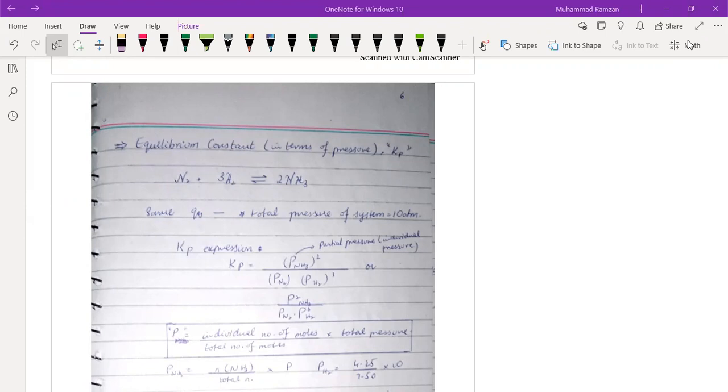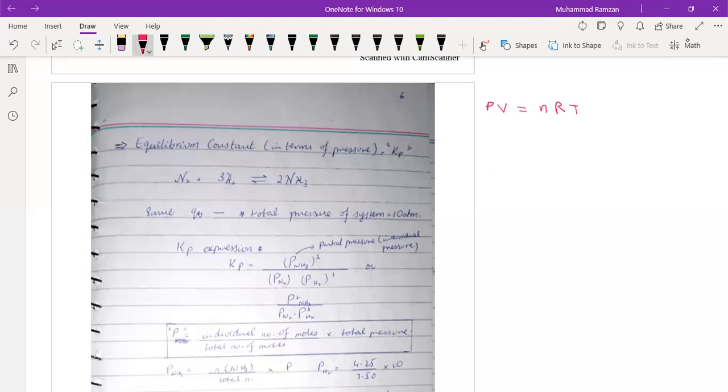We discussed the molar gas equation, or the ideal gas equation, that is PV is equal to nRT. This we discussed.